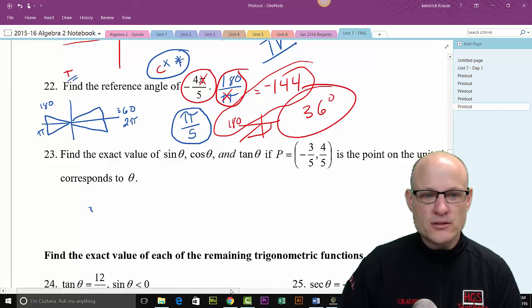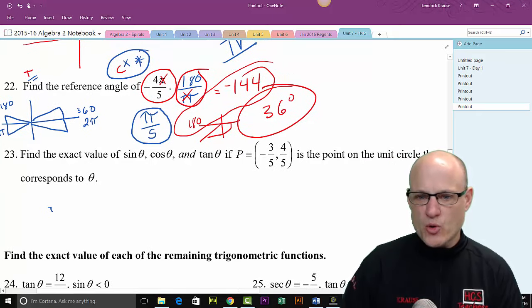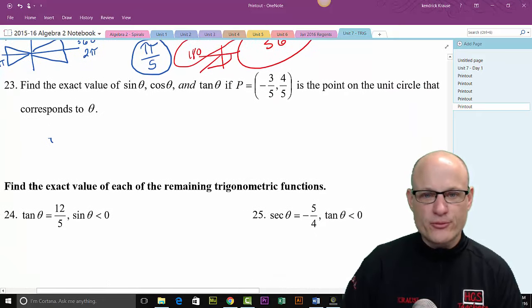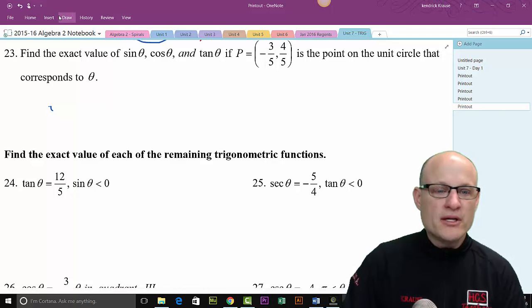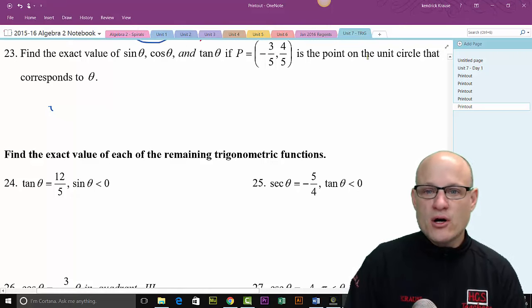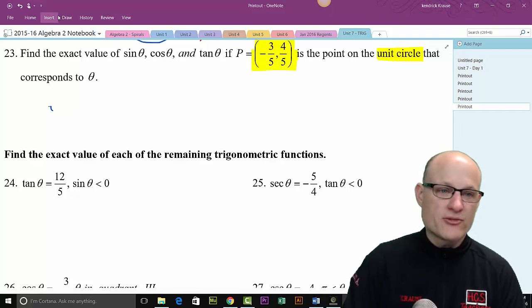All right. So the most important part of this problem is the words on the unit circle. Because this point, even though it doesn't look like 1, is on the unit circle. Now, I think I should have to prove that to you, so I'm going to.